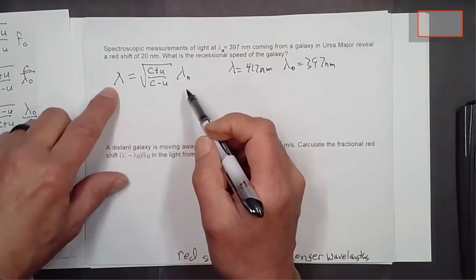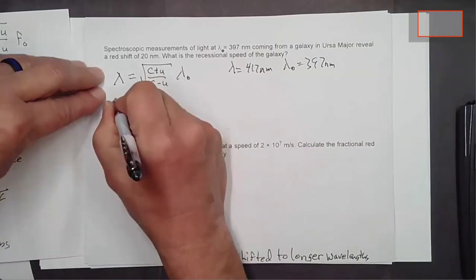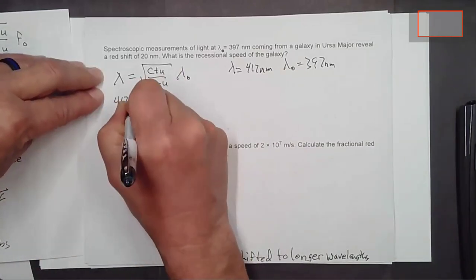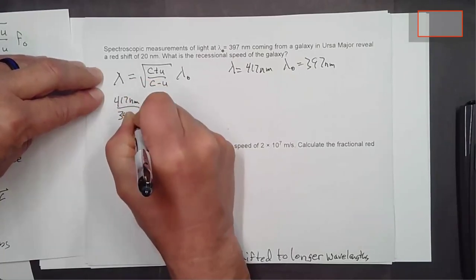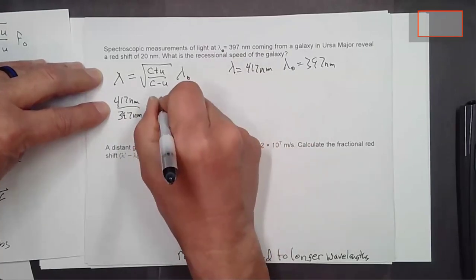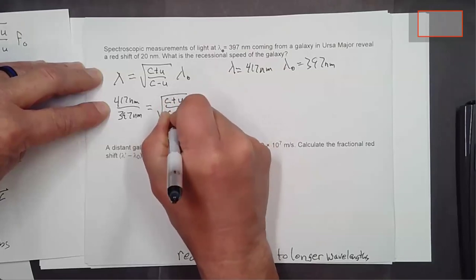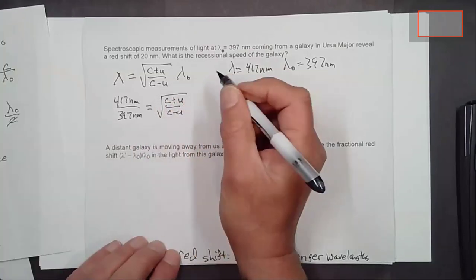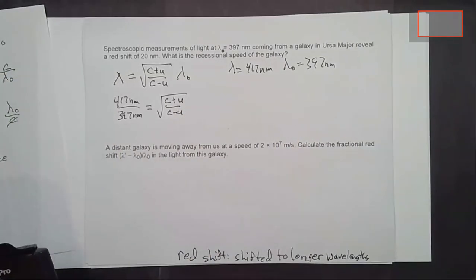Okay. Well, I can just divide lambda by lambda naught over here, and I'll have 417 nanometers divided by 397 nanometers is going to equal the square root of (C plus U) over (C minus U). If I square both sides of this thing, the nanometers will divide out.